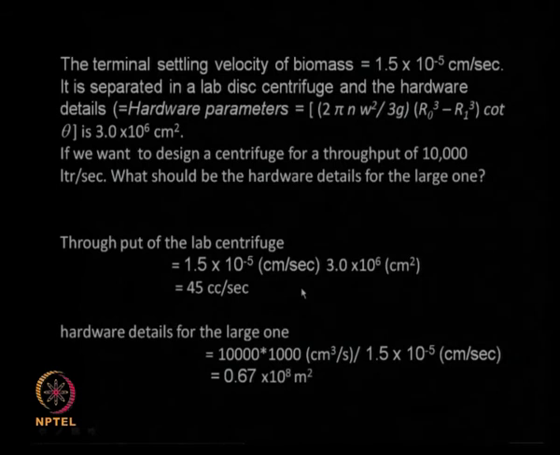So this is a very simple approach by which we can scale up centrifuges moving from the lab to a full scale commercial plant. The main assumption here is that Q, the throughput, is equal to the terminal settling velocity multiplied by the hardware parameter. Terminal settling velocity does not change when you scale up from small scale to large scale, because it is a function of the particle properties and the fluid properties.